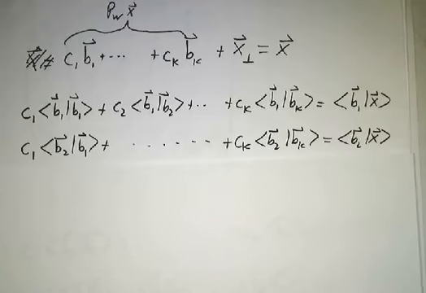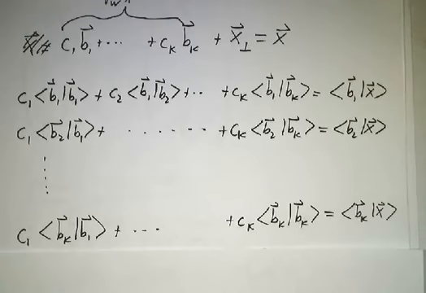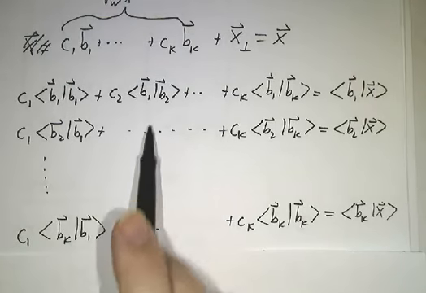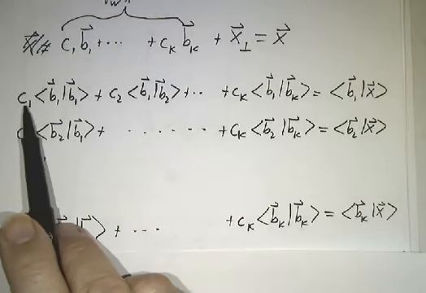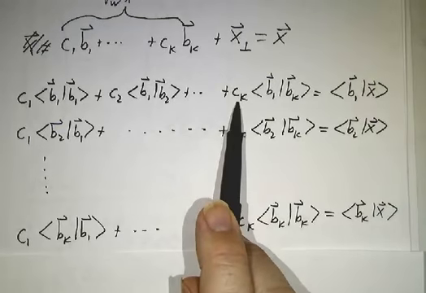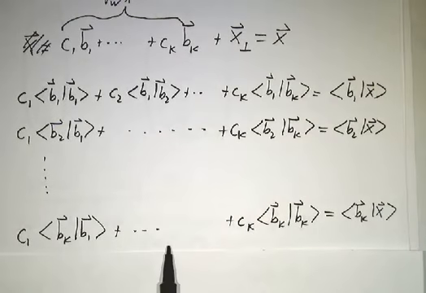And if we took the inner product of b2 with the equation, we would get this, and likewise for b3, b4, up to bk. And now look what we've got. Each of these results gives us one equation for the variables c1 through ck. And we've got k of these, so now we have k equations and k unknowns.